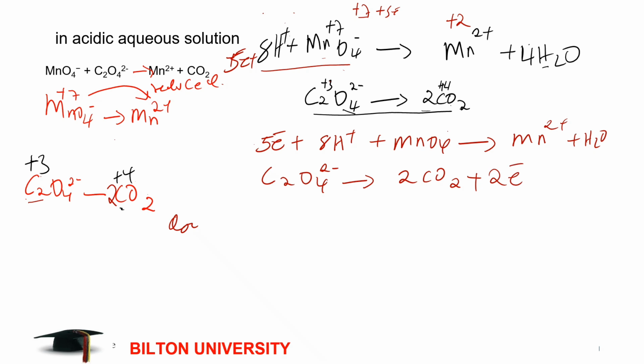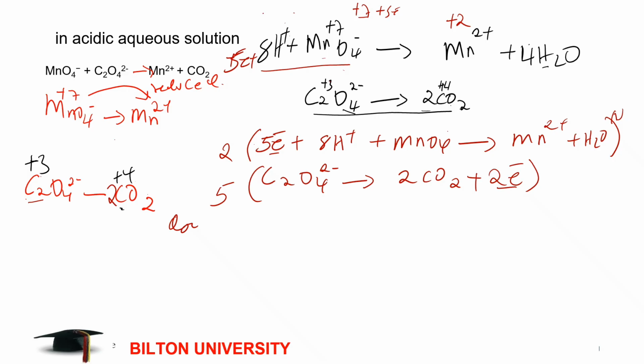Once we have reached this point, what we need to do next is to balance the electrons. If you look at the first equation, the one for manganese, we have 5 electrons, but on the other side we have 2 electrons. So we balance the charge by multiplying equation 1 by 2, so everything is multiplied by 2, while equation 2 we multiply by 5, because 10 is the least common multiple between 5 and 2.